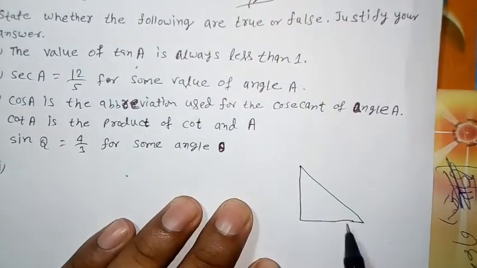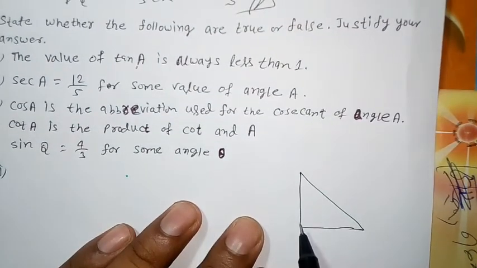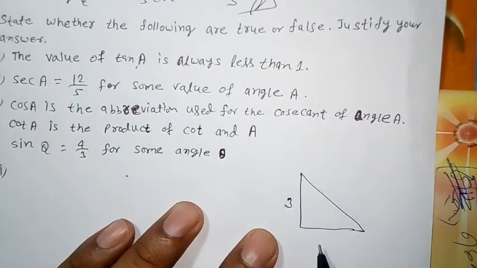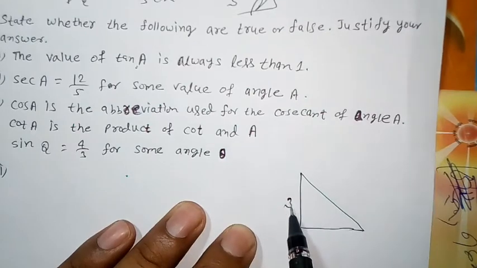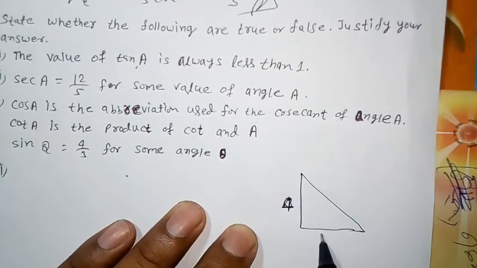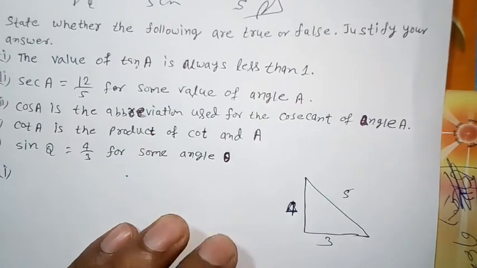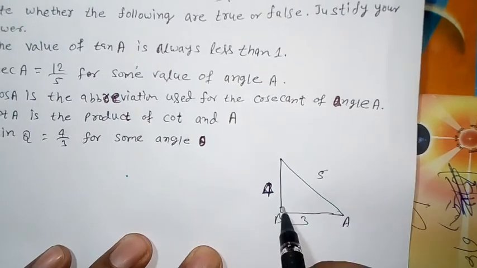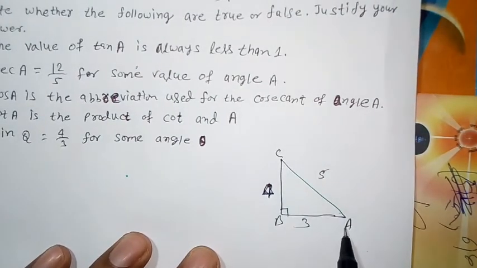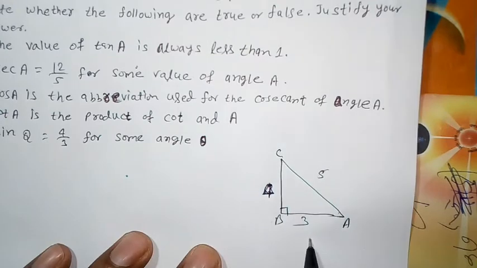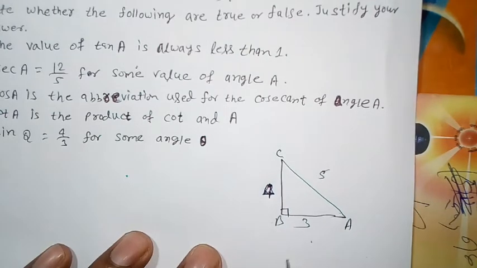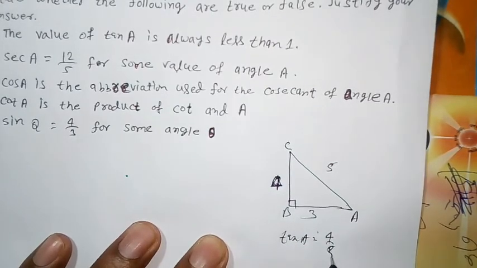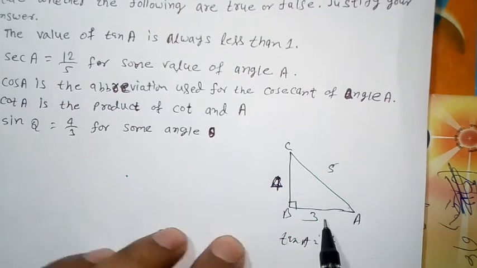Suppose that this is a triangle with sides 4, 3 and 5. Now here suppose B is 90 degree and this is C. Tan A is equal to 4 by 3, perpendicular by base.